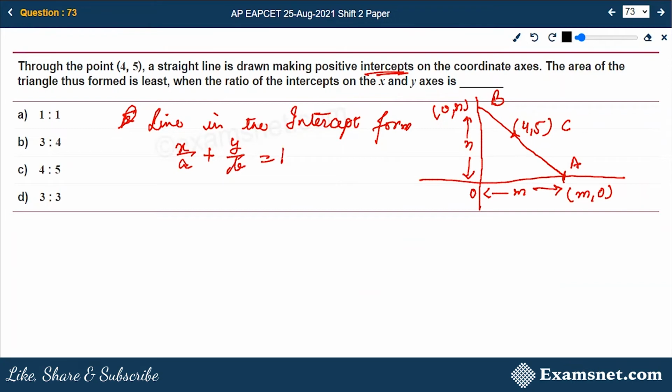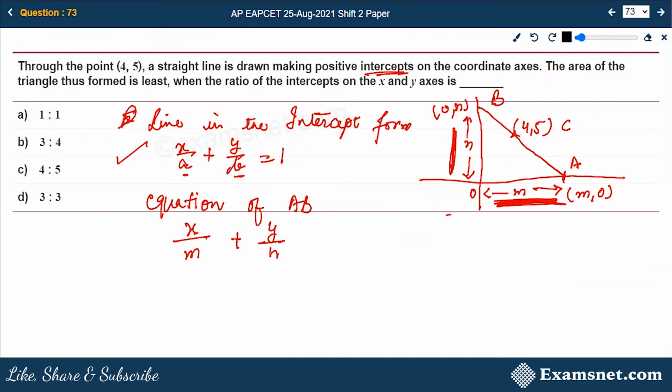What is A? It is the x-intercept, and B is the y-intercept. So in our case, the equation of AB will be x upon the x-intercept M, plus y upon the y-intercept N, is equal to 1.